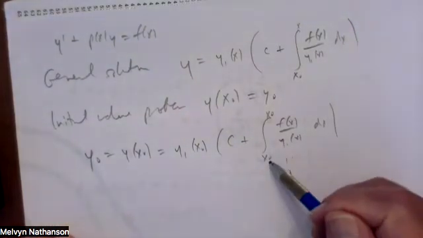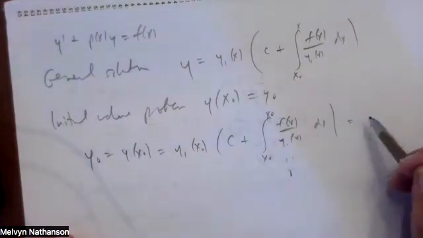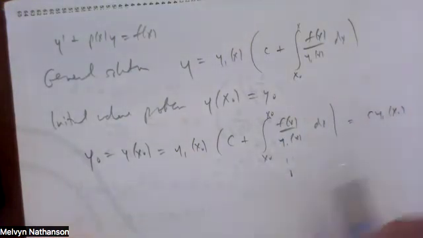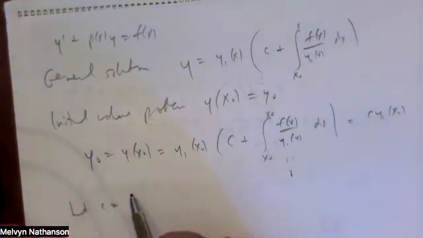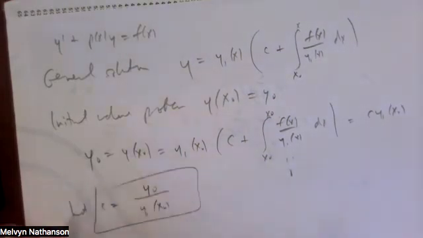This is 0 when you integrate from x naught to x. This is c y1 of x naught. So you just let c be equal to y naught over y1 of x naught.